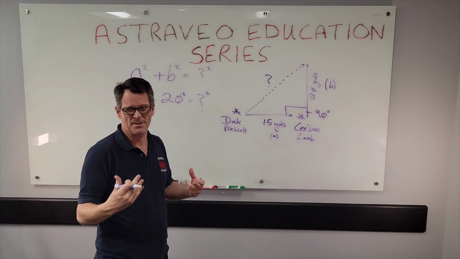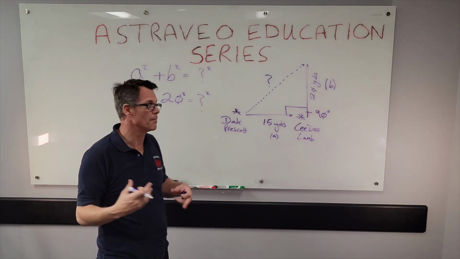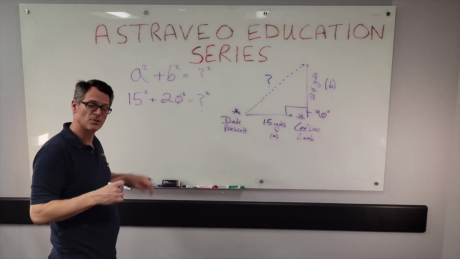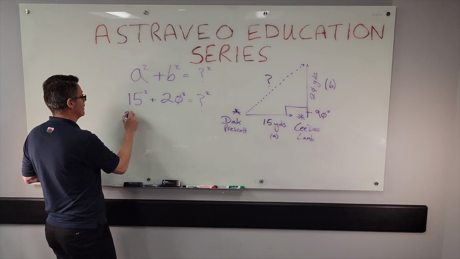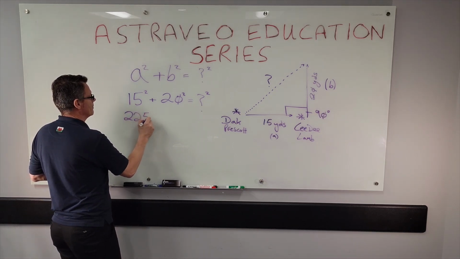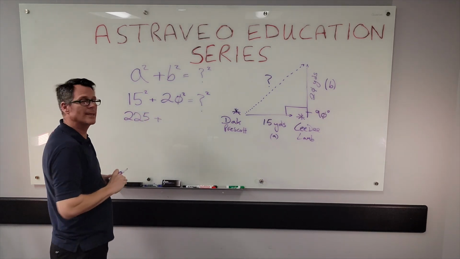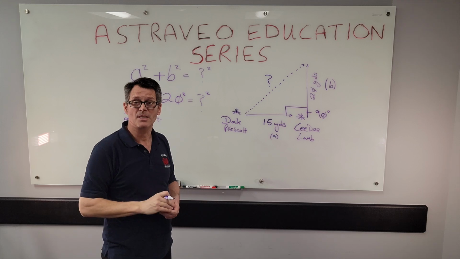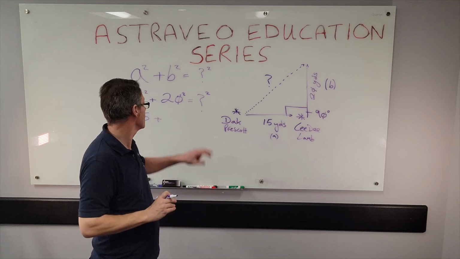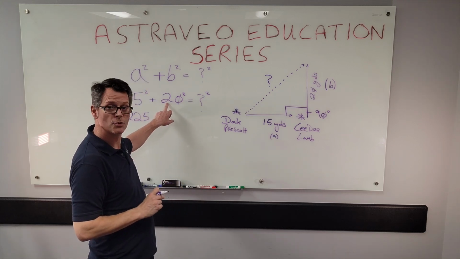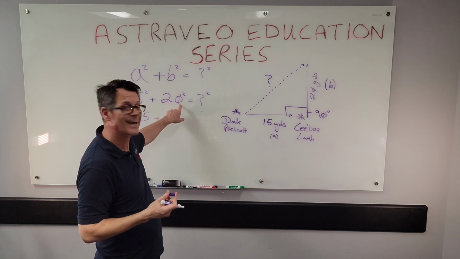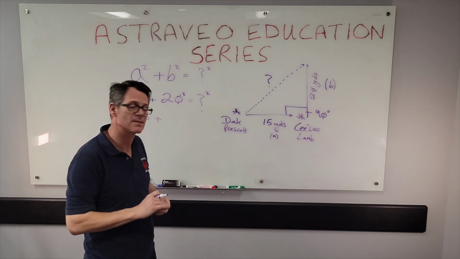Now, me being a scientist, I actually really like the square numbers. I happen to know that 15 squared is 225. Now 20 squared, I don't think you have to be a really strong mathematician or even a scientist to work this out. It really is just 2 squared, which is 4, add 2 zeros, because it's 20 times itself.